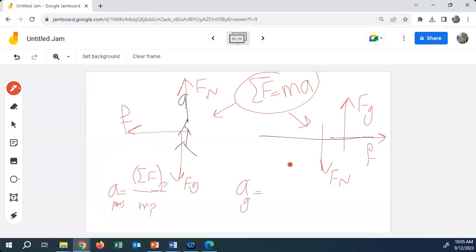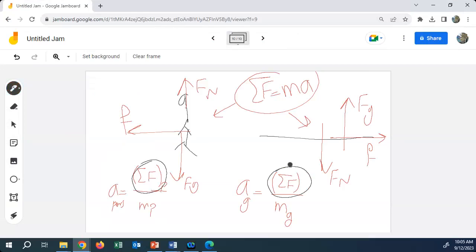The acceleration of the ground is going to be the net force, again exactly the same forces, divided by the mass of the ground, or earth. You see here, these net forces are equal, yes? Same forces, yep.